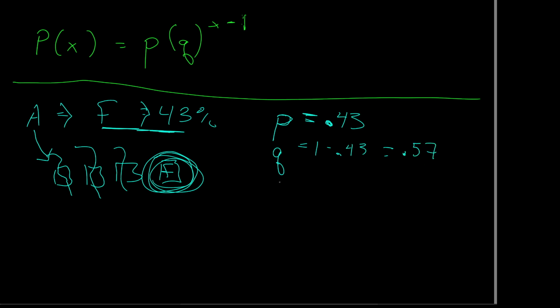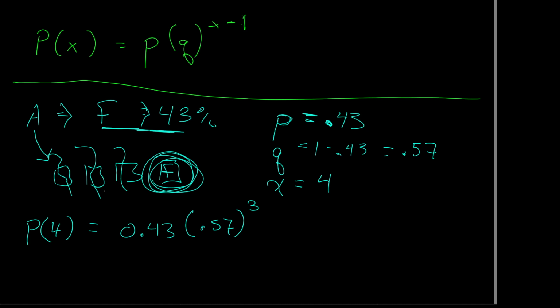Then we're going to say we want the first failure, or the success of our experiment, on the fourth phone. And so the probability in a geometric distribution of the fourth phone being a failure is going to be 0.43 times 0.57 to the third power.